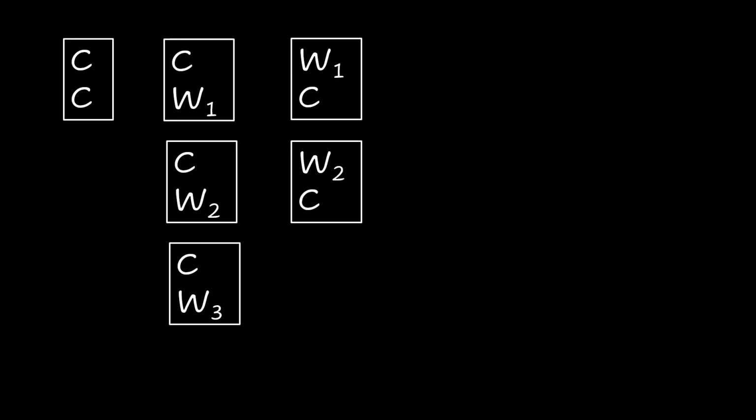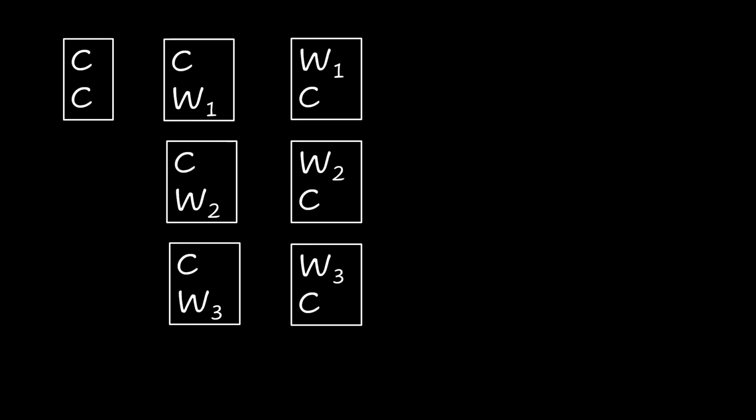I can also have correct for number 1, wrong in number 2 but using W3. Another case is number 2 is correct, wrong in number 1 but using W1. Wrong in number 1 using W2 but correct in number 2. W3 in number 1, correct in number 2.